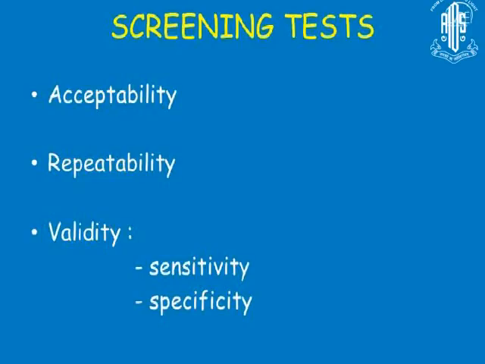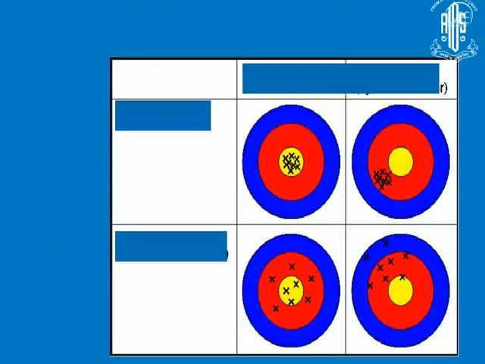Now if you look over here, both of these have something in common, which is that they are both pretty repeatable. They are giving the same values again and again, both of these tests, if you look at these dartboards. But this one is not accurate. So it's accurate or inaccurate, but then there is something called precision and an imprecise reproducible error.